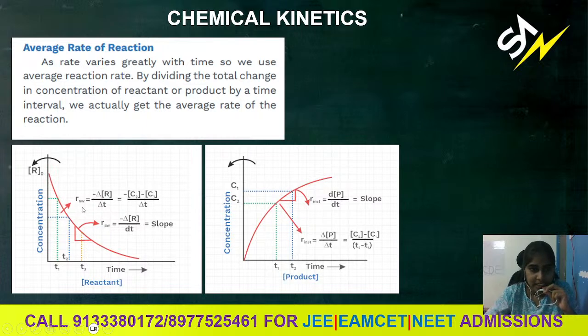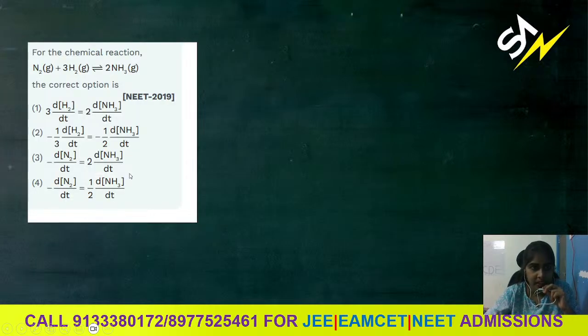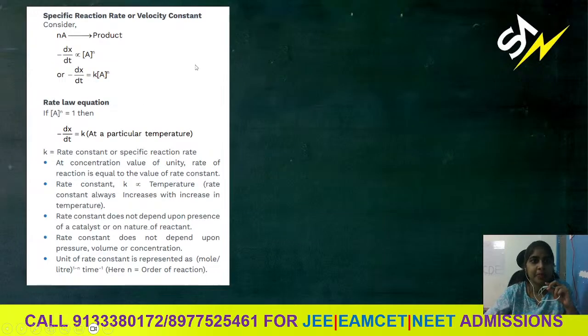If we take it in terms of reactants, a negative sign will come in the rate of reaction. If we take it in terms of products, a positive sign will come. We have solved a few questions, and we have seen specific rate of reaction.